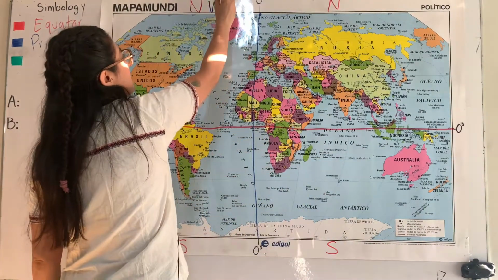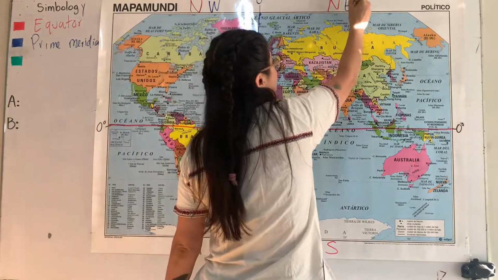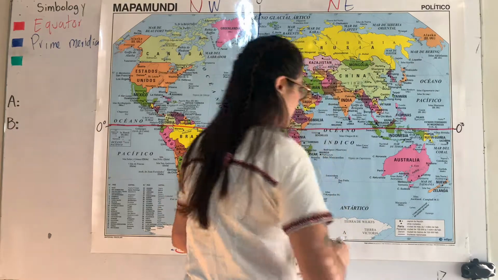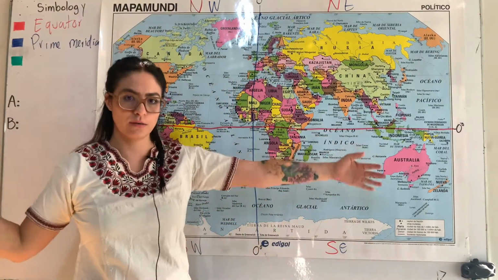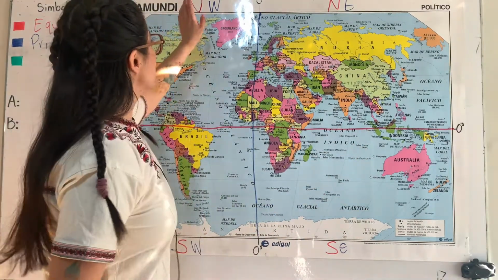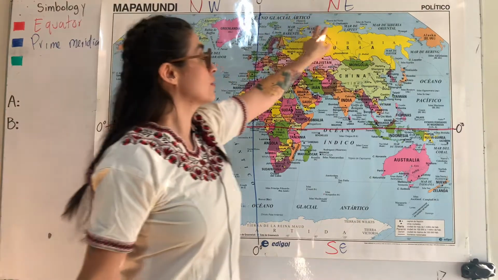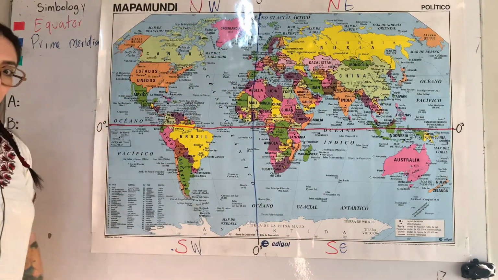Everything on this side is the western hemisphere, and everything on this side is the eastern hemisphere. So I have the names of those four quadrants. This is the general view, like you are watching the entire planet at once: northwest, northeast, southeast, and southwest.